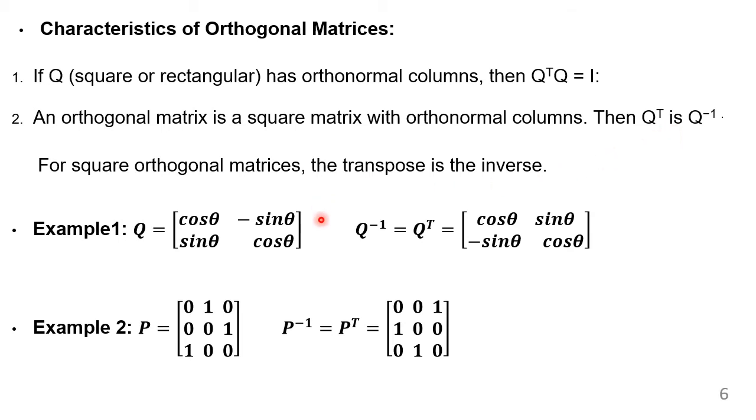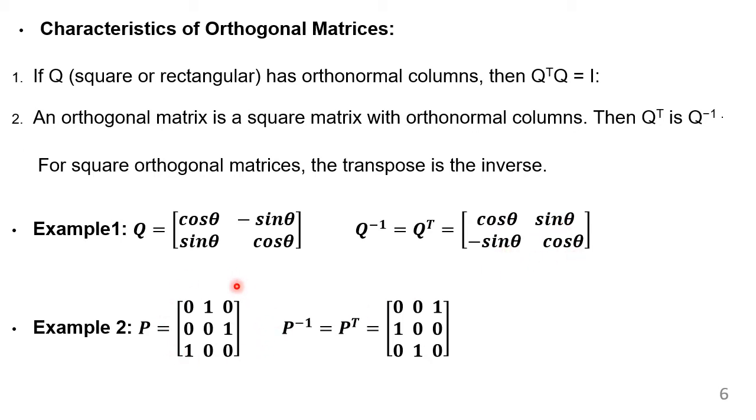We'll take two examples to understand these two characteristics. First one is Q equal to [cos theta, minus sin theta; sin theta, cos theta]. When we take the inverse of Q, we get Q inverse, which is the same as Q transpose, that is [cos theta, sin theta; minus sin theta, cos theta].